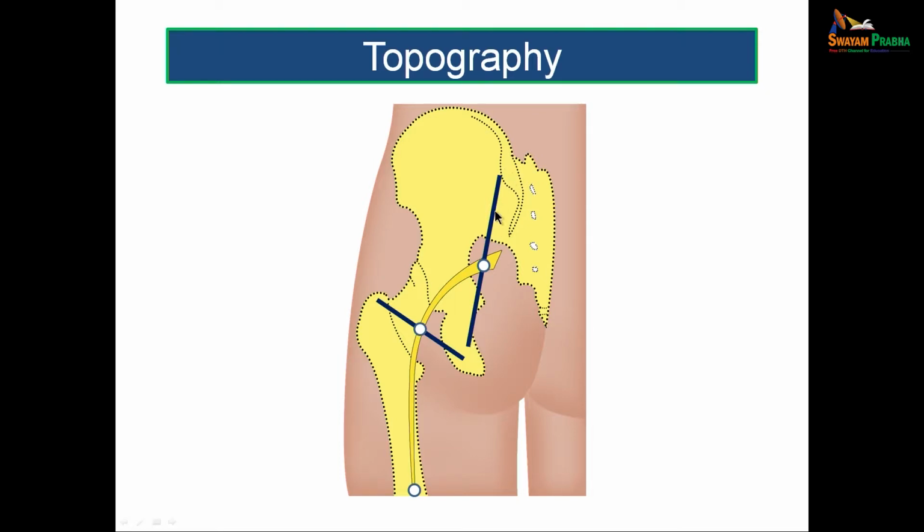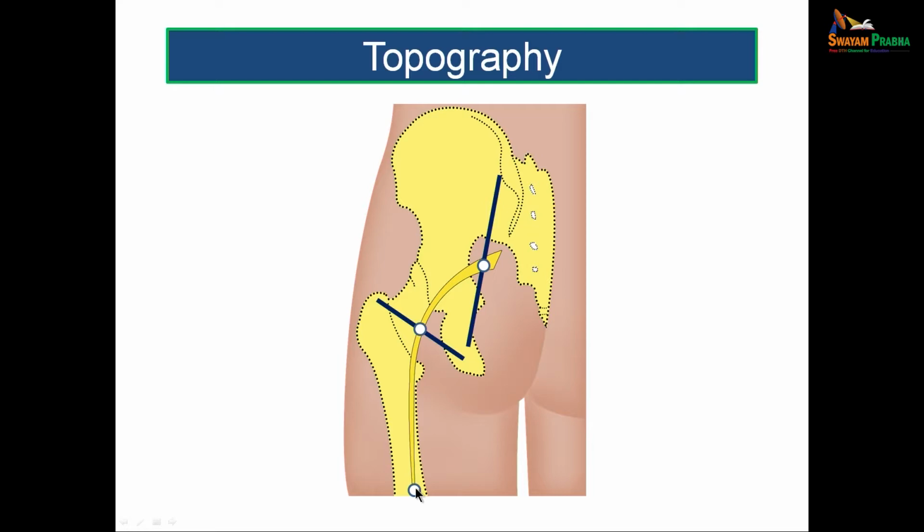The next point is marked by a line which connects the ischial tuberosity with the tip or apex of the greater trochanter. The midpoint of this line will mark the second point in the surface marking of the sciatic nerve.